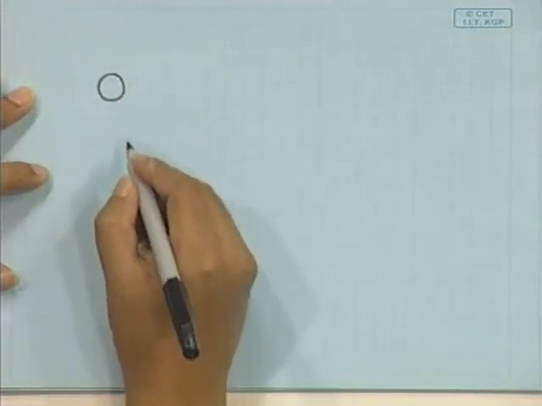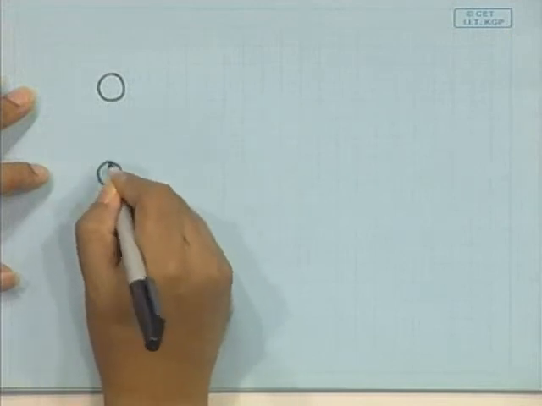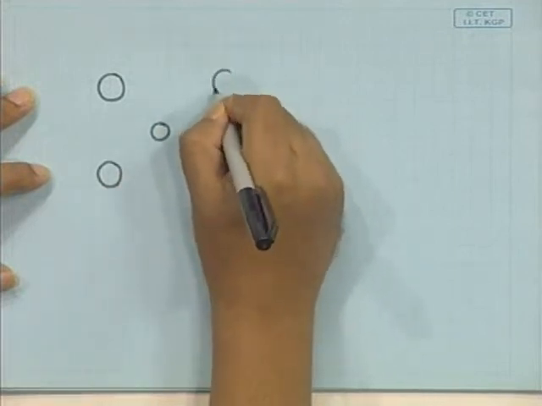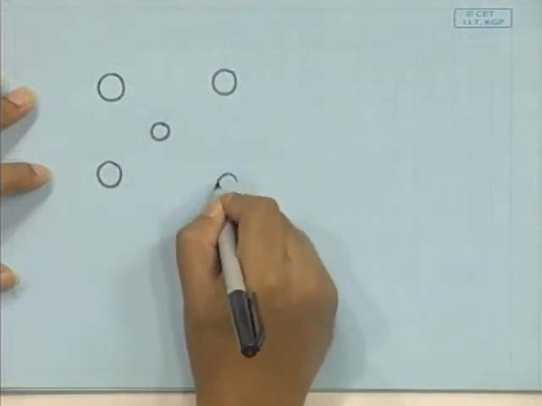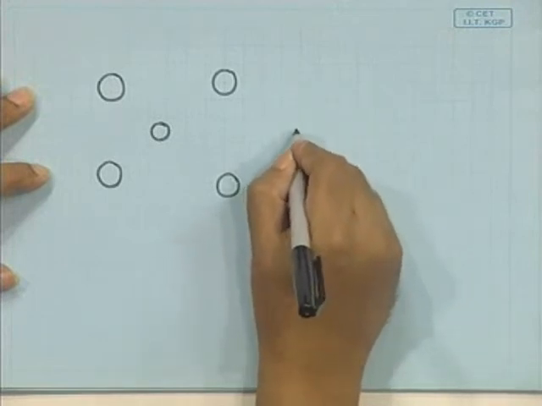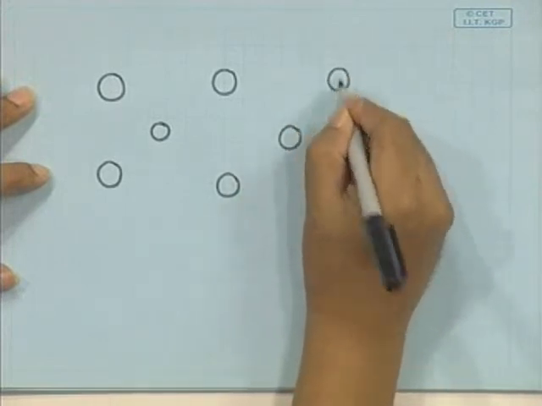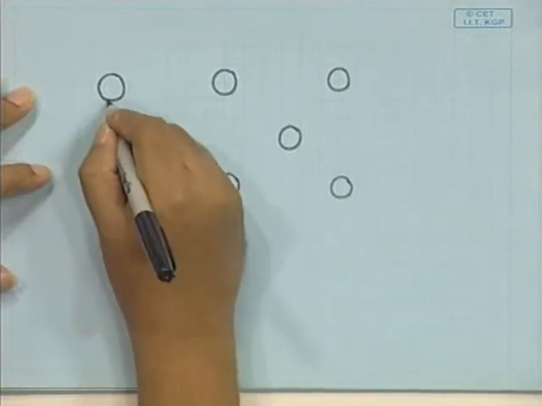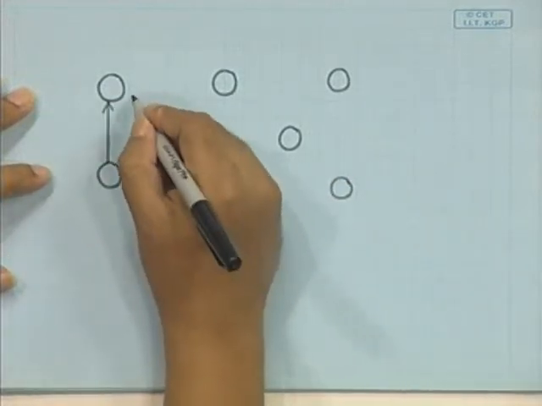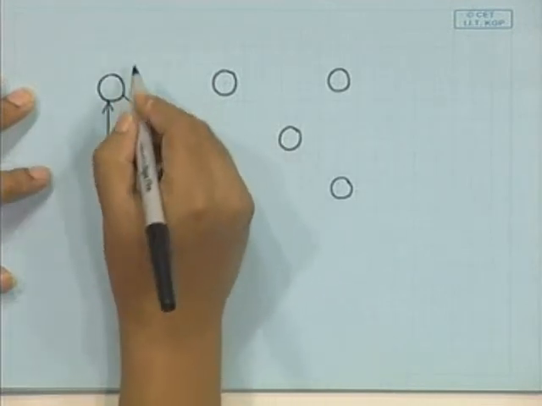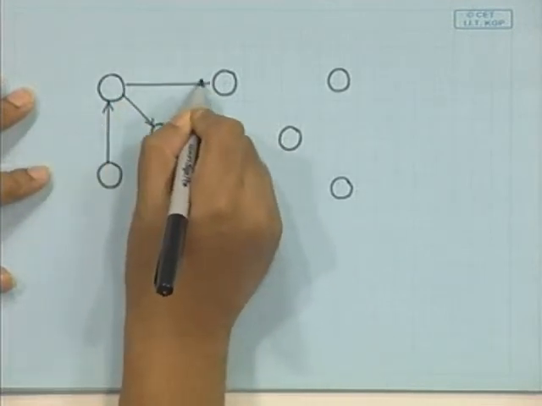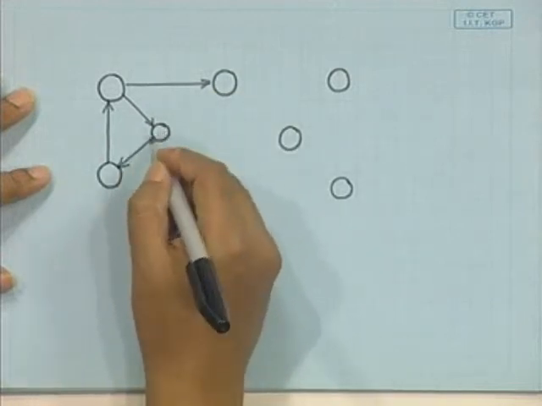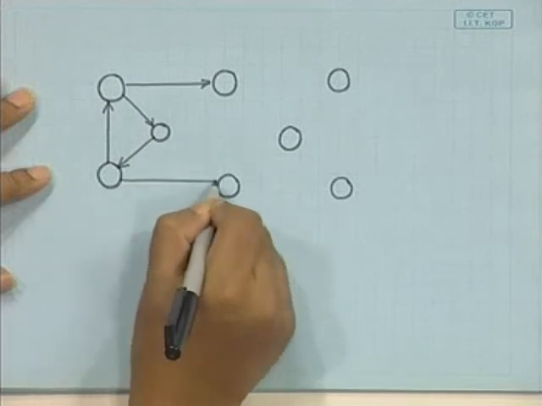So suppose these nodes are the gates, and the edges indicate that the output of one gate is feeding into another gate.